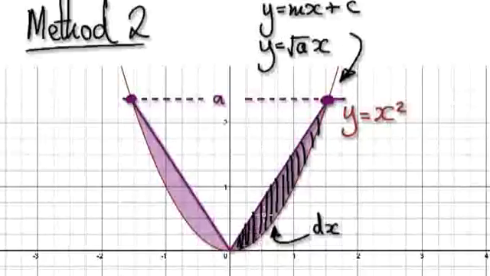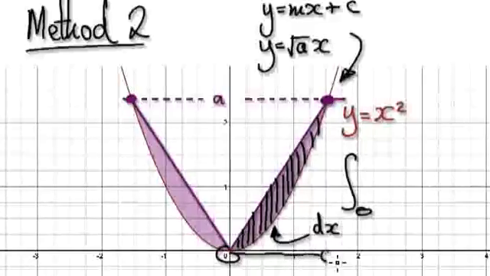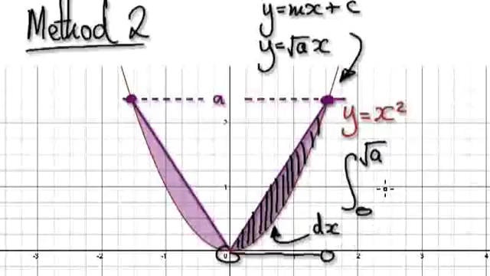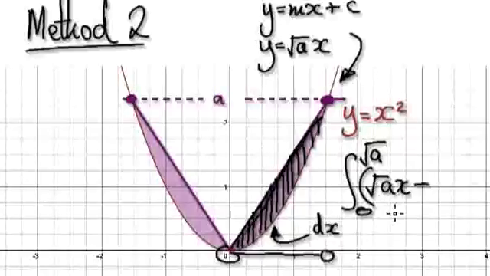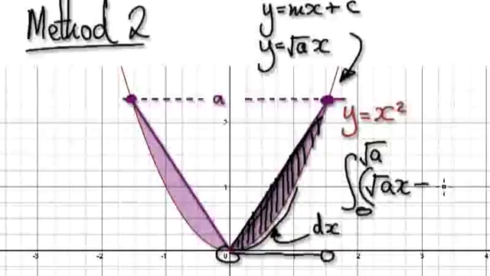So doing it this method, where you integrate vertically, it would be the integral from 0 all the way across to root A, and then it would be the straight line, which would be root A x, and then take away x squared, dx.